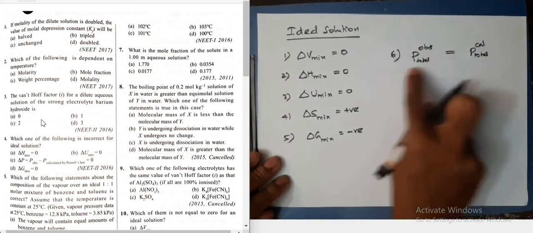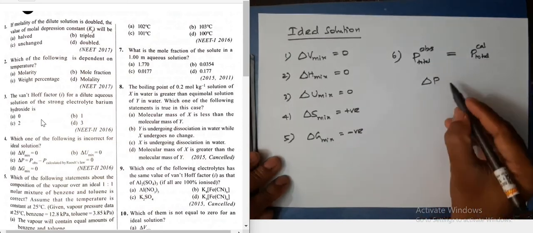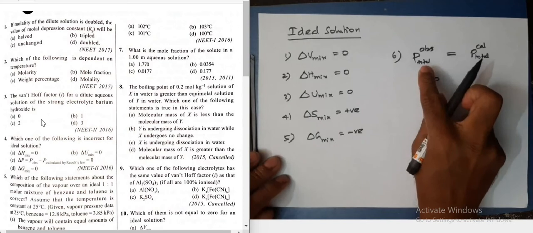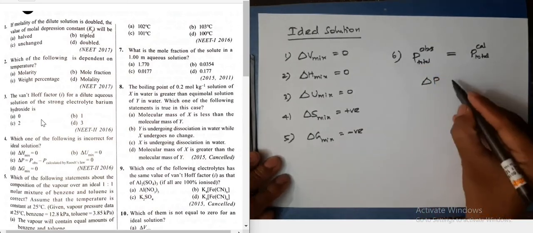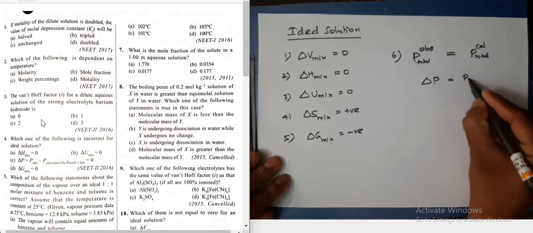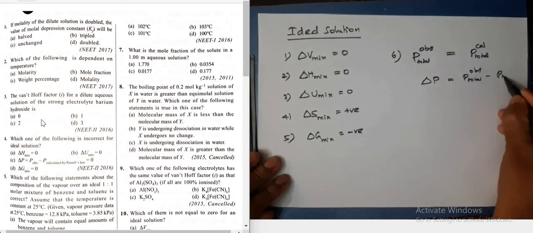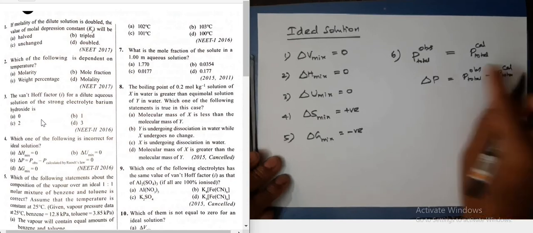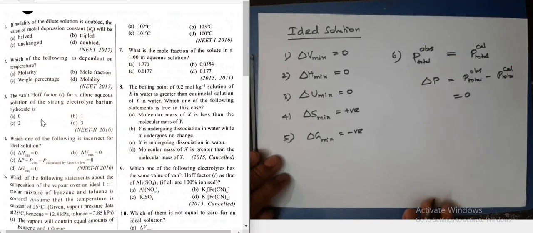Therefore, the difference between these two, delta P. What is delta P? Delta P is nothing but observed pressure minus calculated. Total pressure observed minus total pressure calculated. Since these two quantities are equal, I'll get 0. Delta P also 0. Okay, so these are all some useful information for ideal solution.